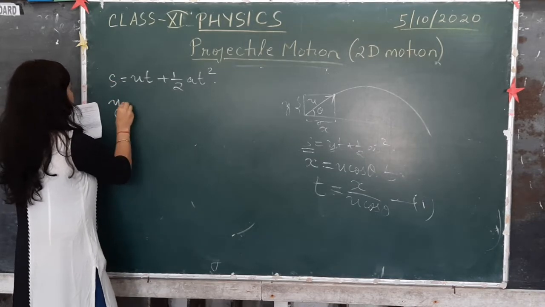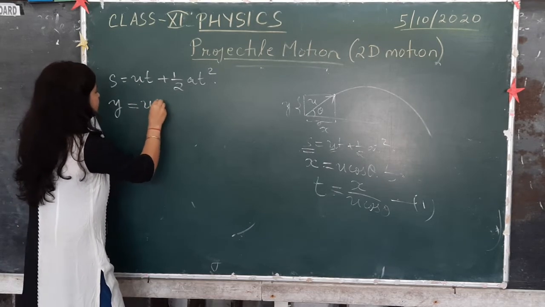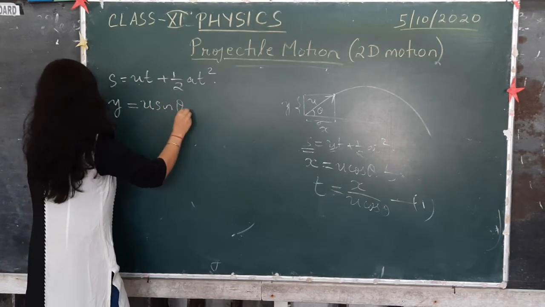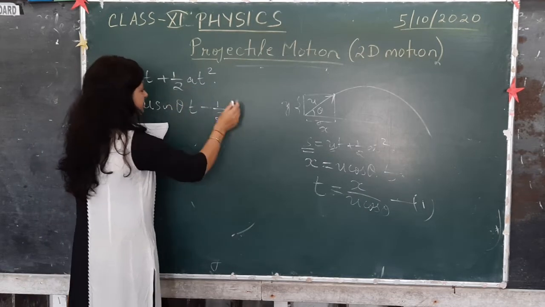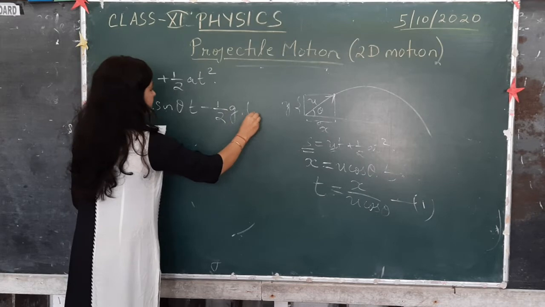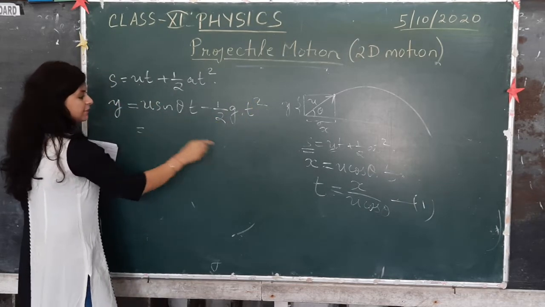Now we will take along the y direction. So s is equal to y, the launching velocity along the y direction was uy, that is u sin theta, into t minus half, a is minus g, so I have taken minus in the beginning, gt square. Now in each term we are going to replace the value of t from equation 1.